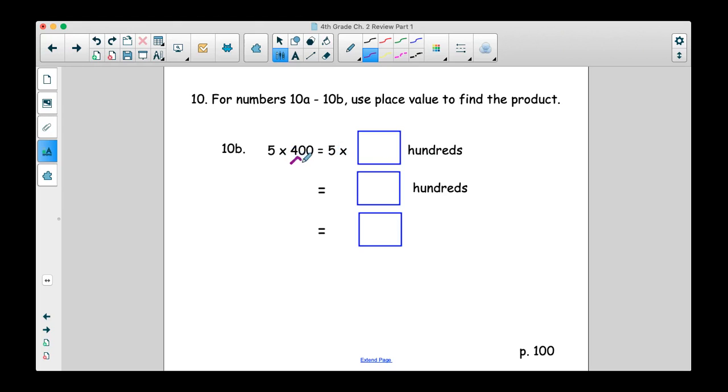Okay, remember 400 can be split into 4 times 100. Right? So you can see your 100, the word 100. So what's missing must be the 4. Whoa, Nelly, I got a little carried away on that. Okay, there.